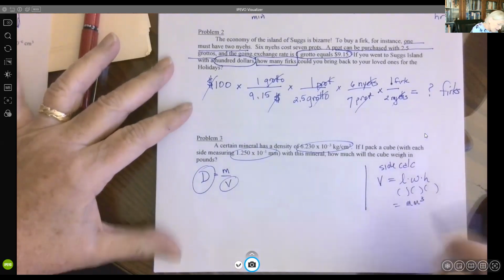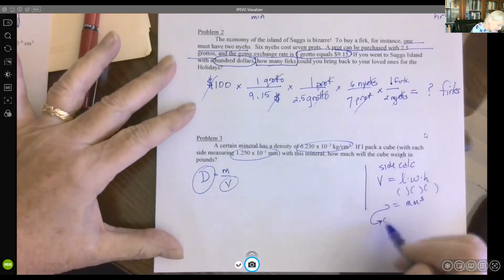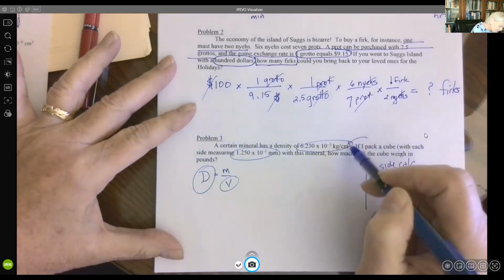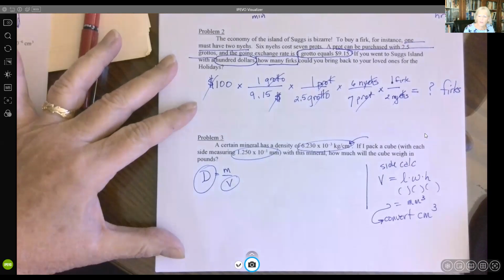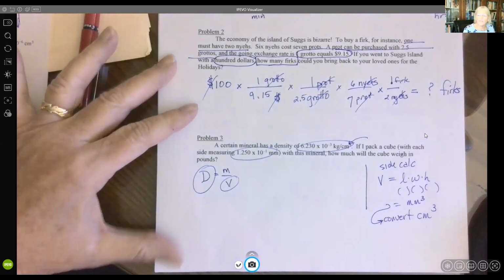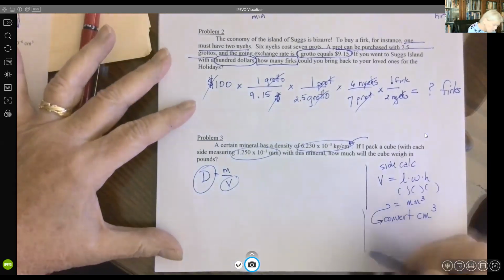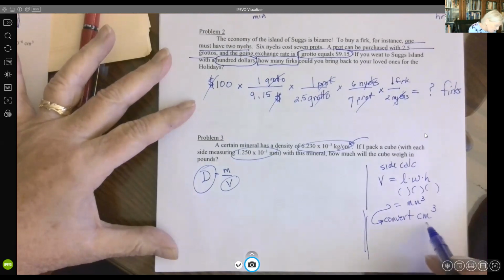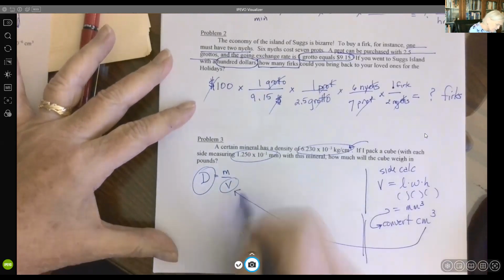All right? Then I have to convert that into cubic centimeters, because this density is in cubic centimeters. I can do all that on the side of my paper showing the work, and I call it a side calculation. Then I come back and I put that volume in cubic centimeters right here.